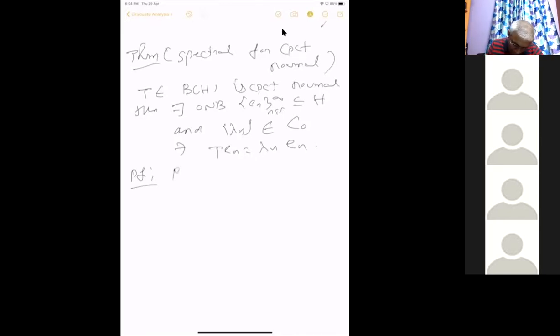So let me just write: by Zorn's lemma, consider the collection of mutually orthonormal eigenvectors for T. With the partial order of containment, one is contained in the other. Every chain has an upper bound, which you can easily see by taking the union, the usual thing. There is nothing different. So there exists a maximal element.